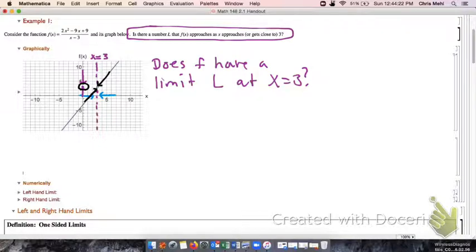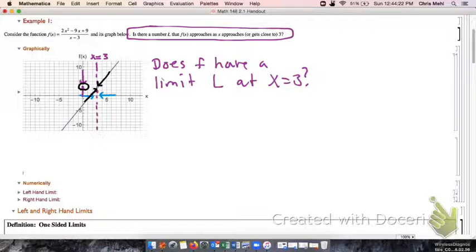So if you think about approaching your x-coordinate on the left or the right, and you follow what's happening on the graph, as x approaches 3 on the left side, you'll notice that the function values are increasing and approaching 3 from the left. If you approach x equals 3 from the right-hand side on the x-axis, and you go up to the graph, you'll notice that you will be approaching positive 3 from above.